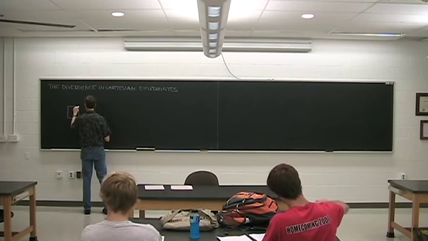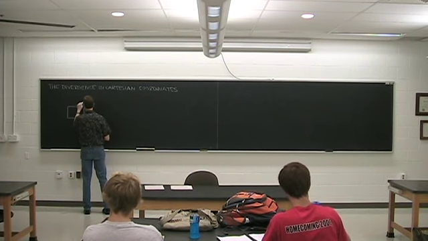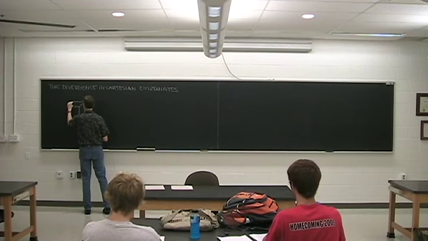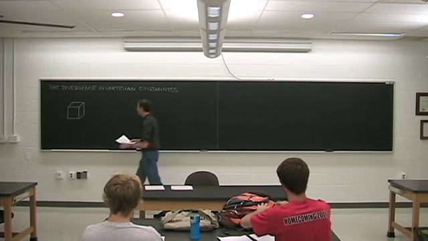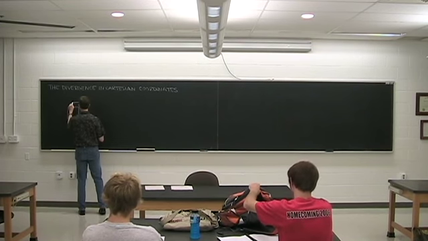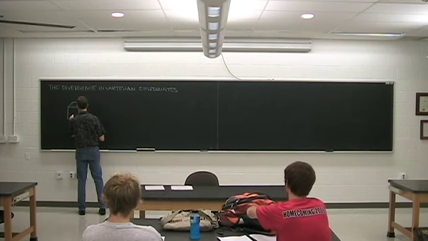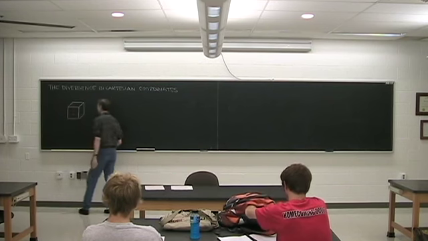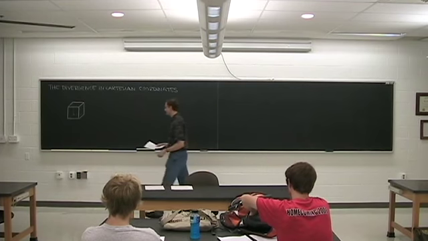It could be a cube, it could be a rectangle, doesn't matter really, that has its sides parallel to the coordinate axes. So we're in Cartesian coordinates here, and the sides of my little volume are parallel to the x, y, and z axes.